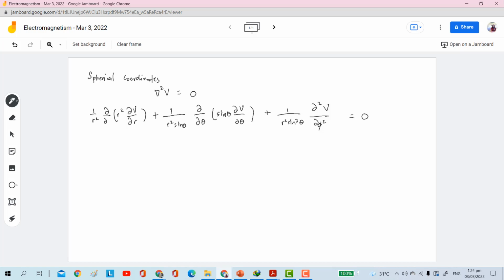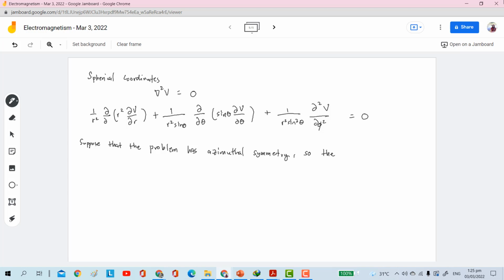Now, most of the problems in electromagnetism involve azimuthal symmetry. So suppose that the problem has azimuthal symmetry. What does this mean? This means that it is independent of phi, so it is not dependent on phi.